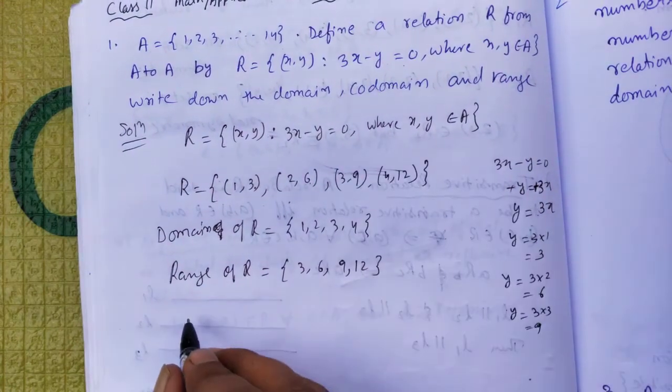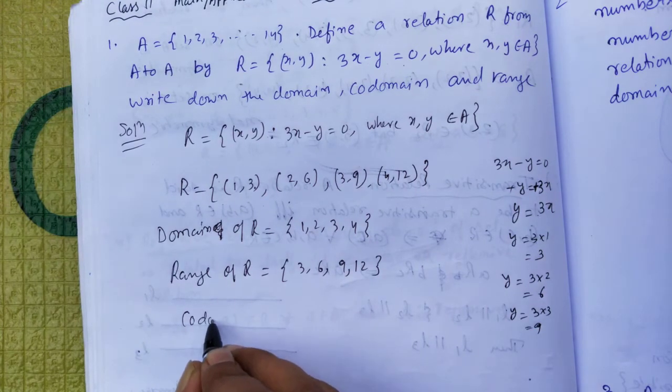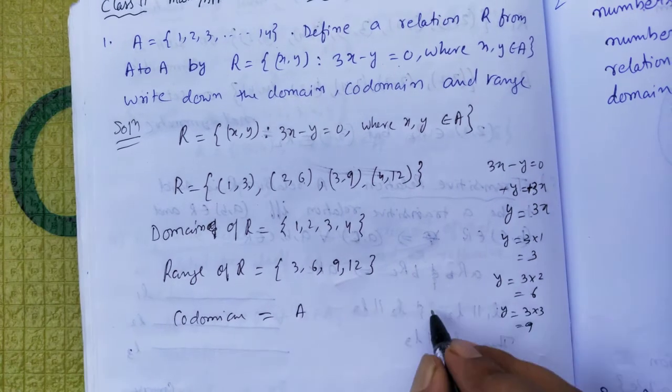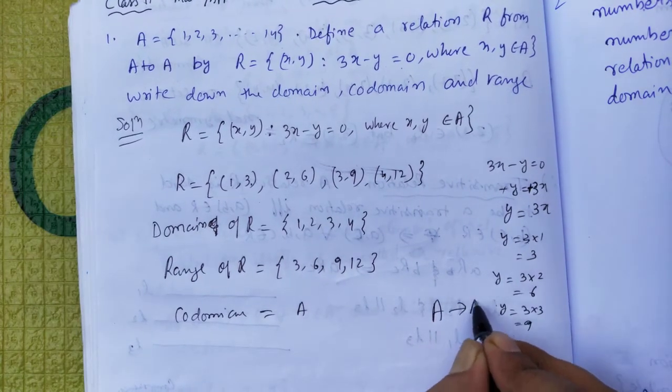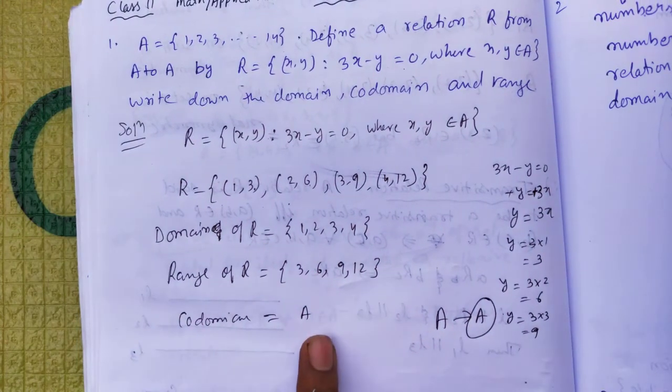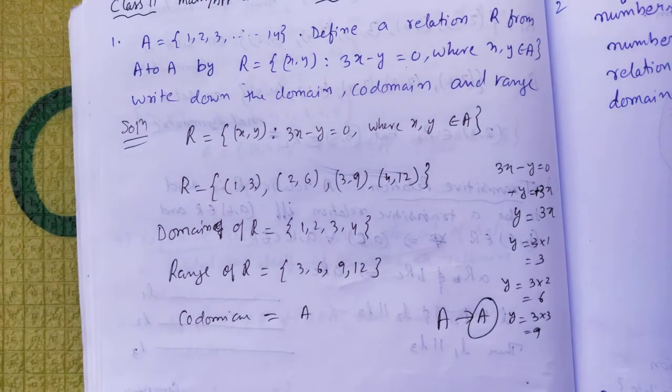And codomain will be set A only because the relation is from A to A and the second set is the codomain. So it will be set A only. Clear? Let's go to second question.